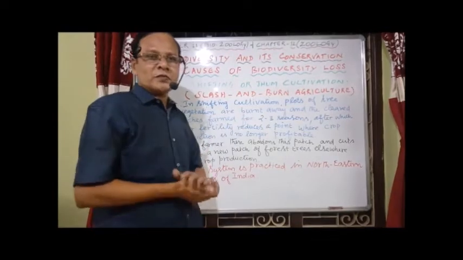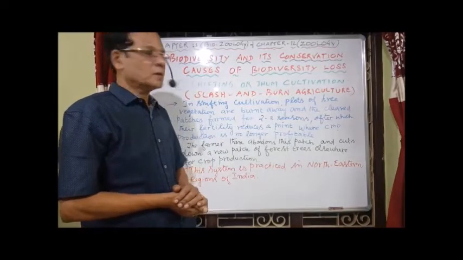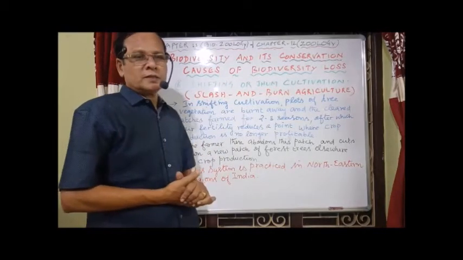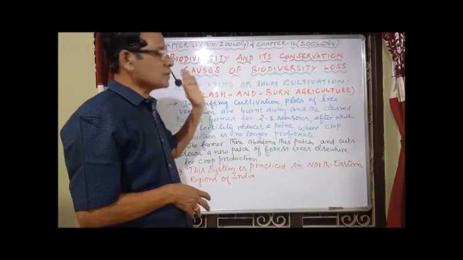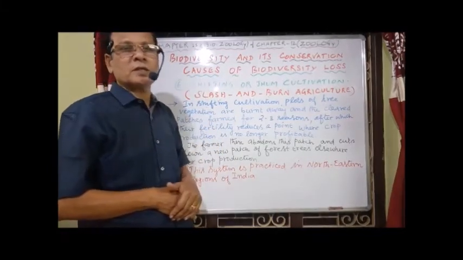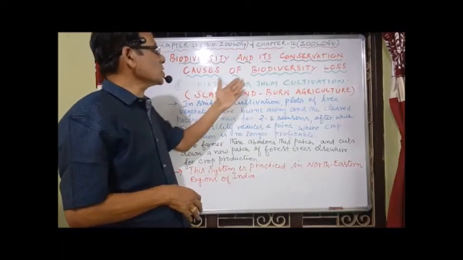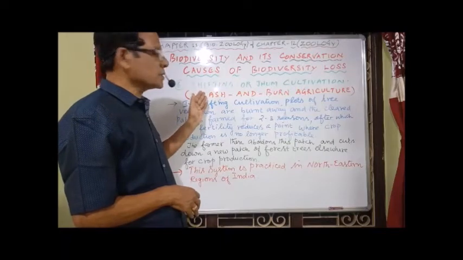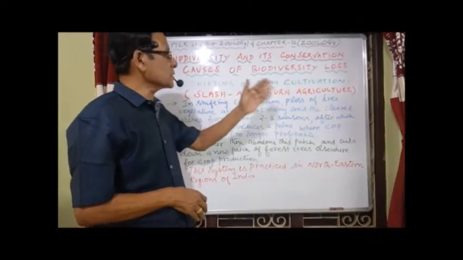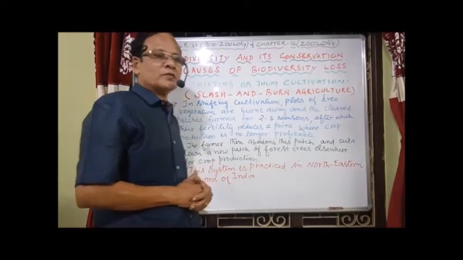Now the sixth factor, one of the causes of biodiversity loss, is shifting or jhum cultivation. It's also called by another name, slash and burn agriculture. What's the meaning of that?